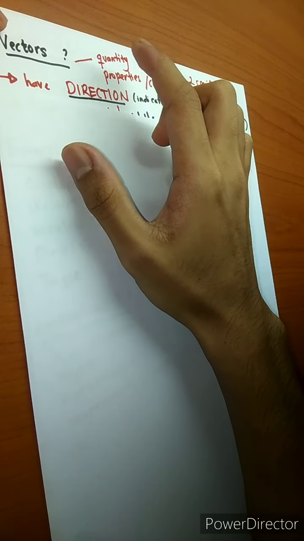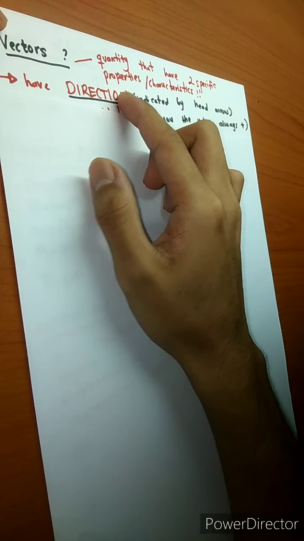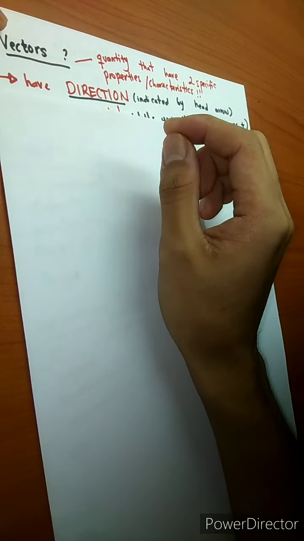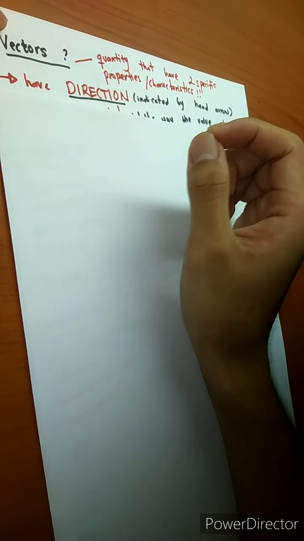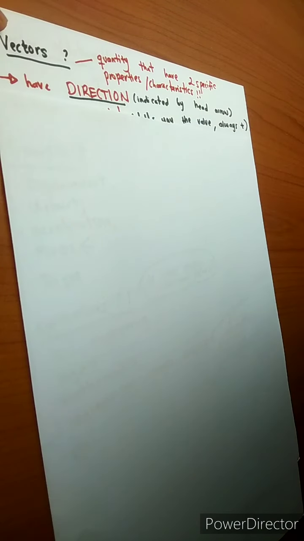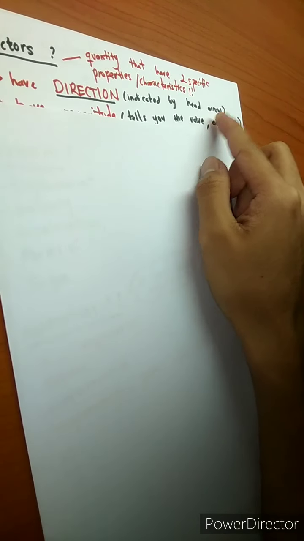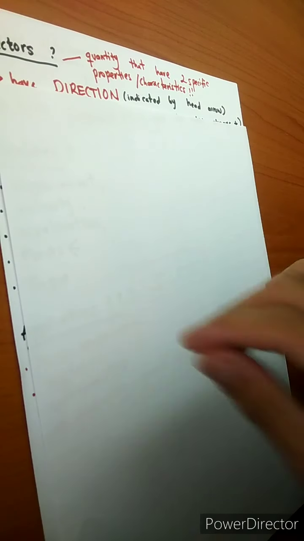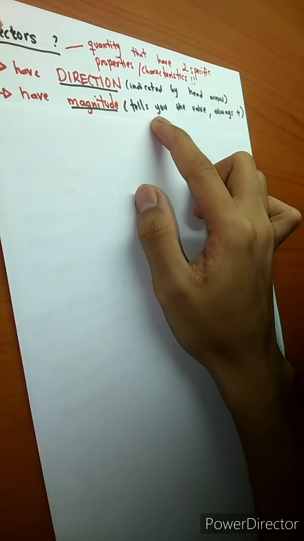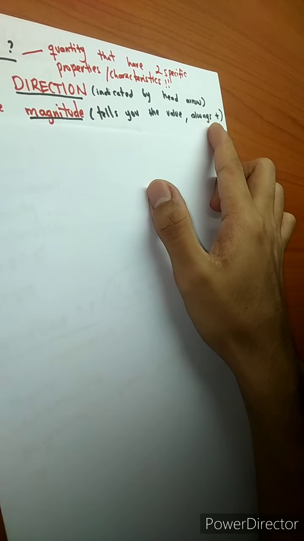I underlined the direction because this is the difference between vector quantities and scalar quantities. It is indicated by a head arrow, which you will see in the next part. Magnitude tells you about the value, and it is always positive.